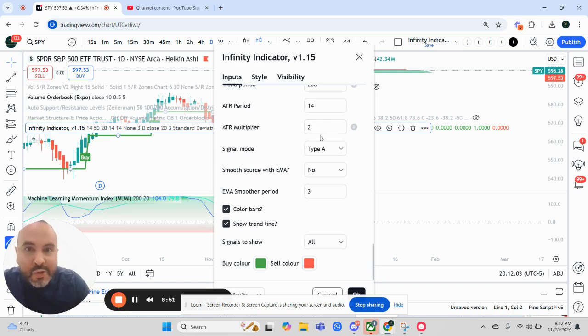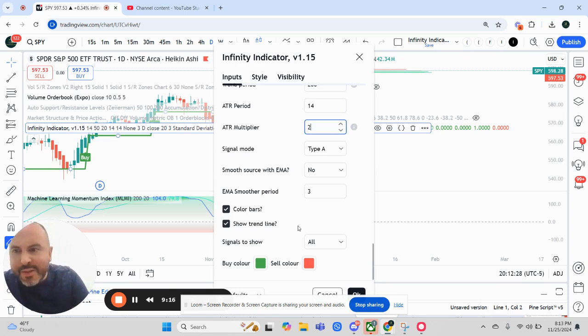And for the daily chart, your ATR multiplier should be at 2. Okay, 2. All right. The only difference between this and the short-term charts, the hourly, 5-minute and 1-minute chart, is this is 1.5 for those charts. But for the daily chart, I need you guys to be on 2, and I just showed you why.